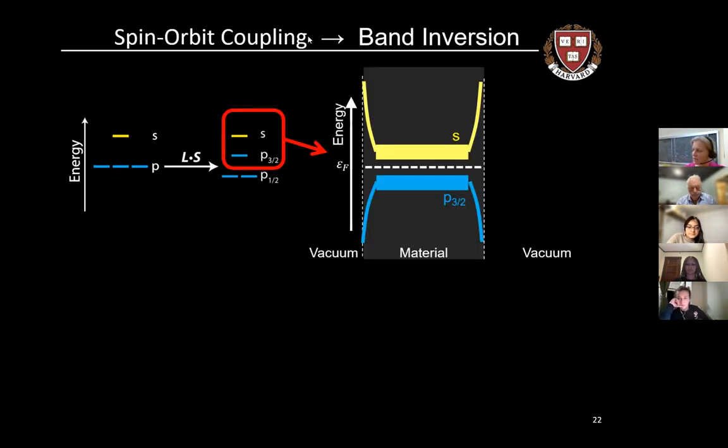And just zooming in on a chunk of material here, and considering the energy axis here, let's say this is an insulator, so the Fermi level sits between this p3 halves band and the next s band up, so it's an insulator. And then outside in the vacuum is also an insulator.